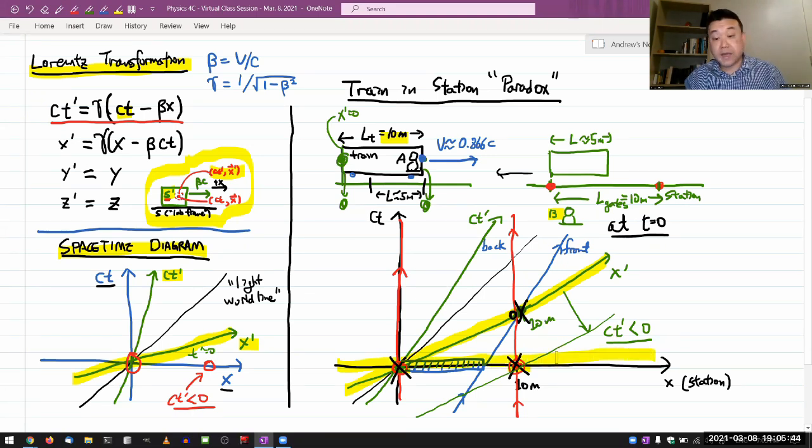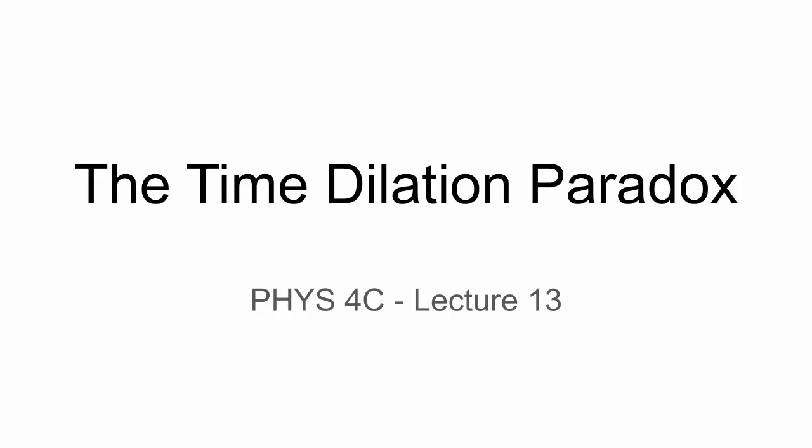Anything happening at the same time in the train's reference frame would be connected by a line that has a slope of beta. So that's the explanation of one of the paradoxes, the train and station paradox, using a space-time diagram.